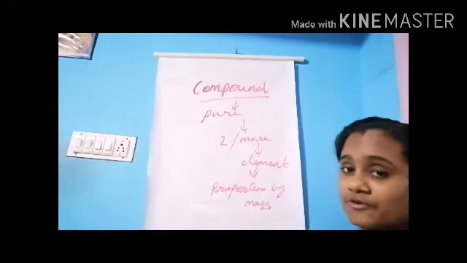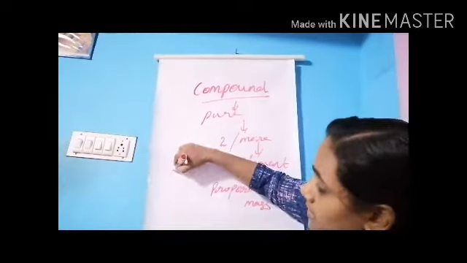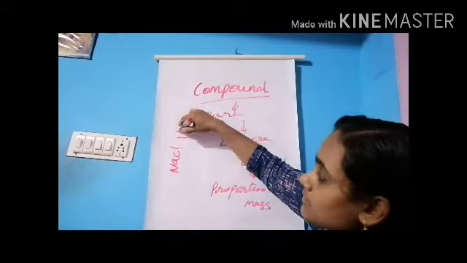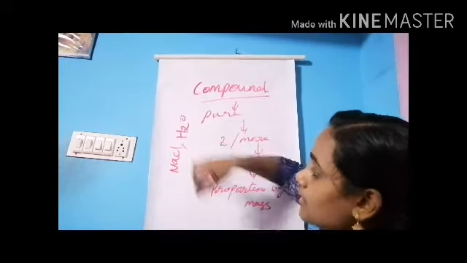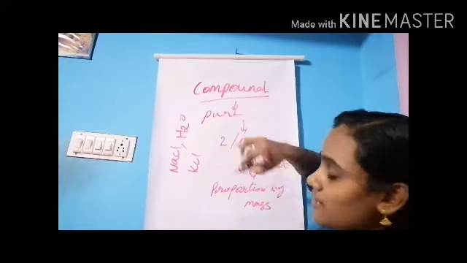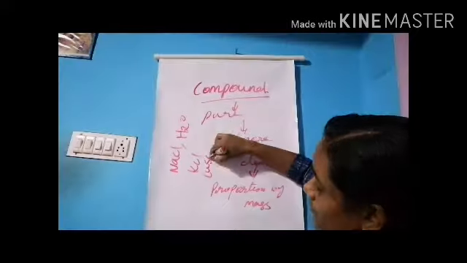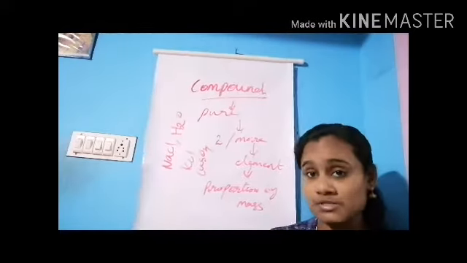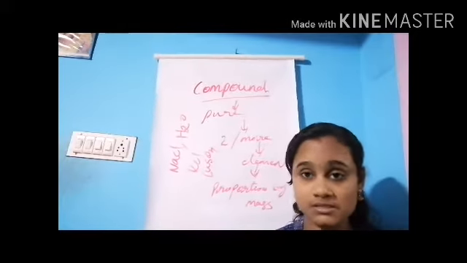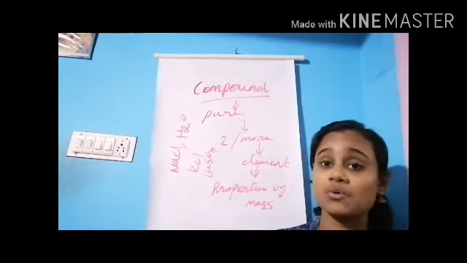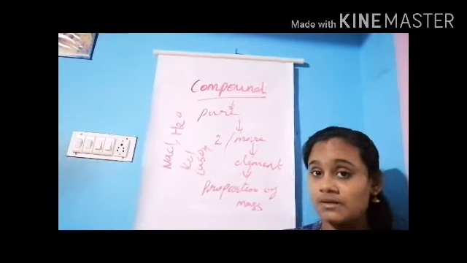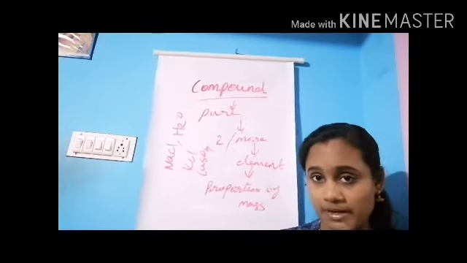Examples of compounds are sodium chloride, NaCl, water, H2O, potassium chloride, and CuSO4, copper sulfate. Compounds are pure substances composed of two or more elements in a definite proportion by mass.